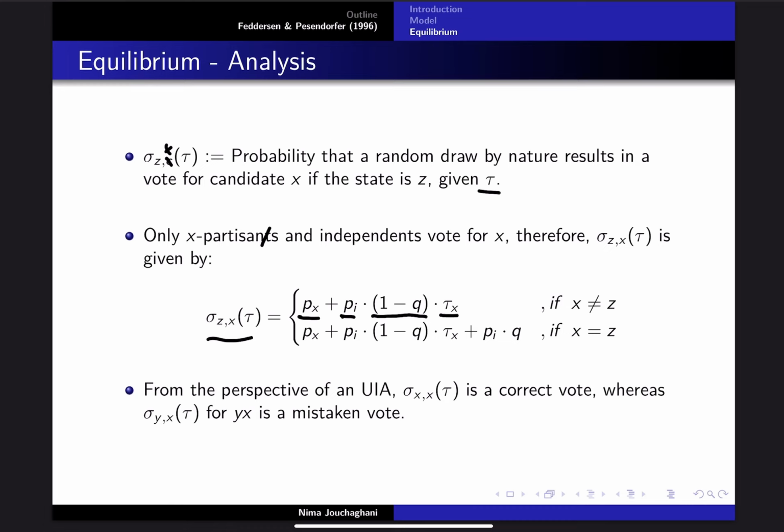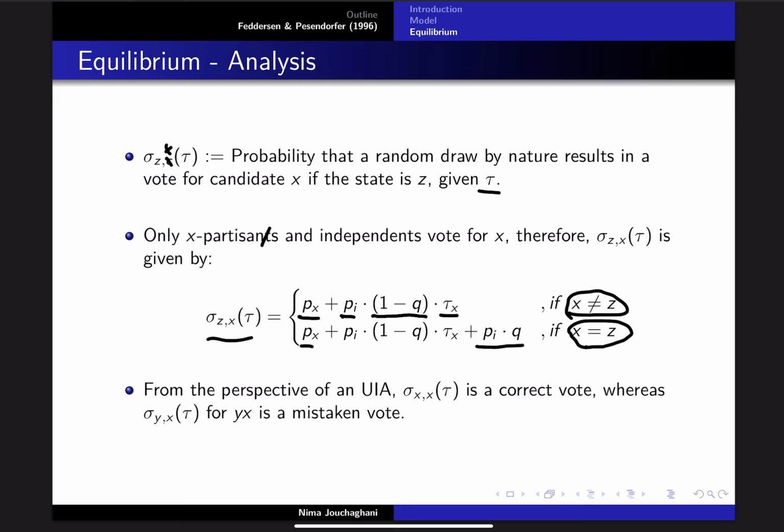The tau here is endogenous. And this is the probability if the state of the world is not equal to the candidate. If it were equal, then there would be another subset of agents who would vote for candidate X, and those are the informed agents who are independent, because they vote according to the state.